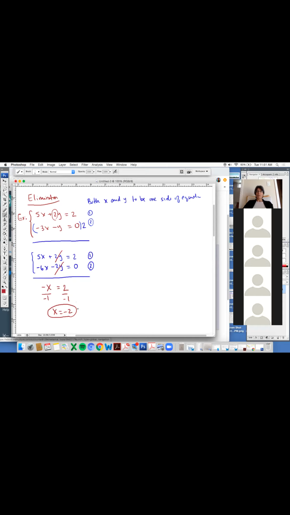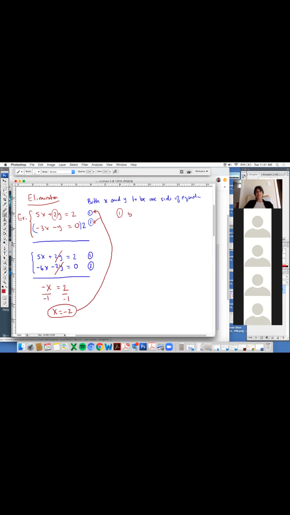Okay, so we're not done. Again, we're sort of halfway there. So we're going to take this x is -2 and plug it into either of them. It doesn't matter which one, because here I don't have one that's easier than the other. So let's go with plugging into equation 1.